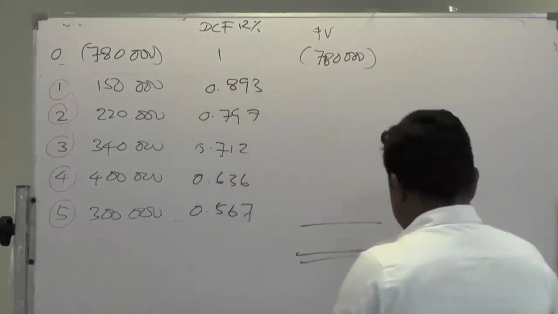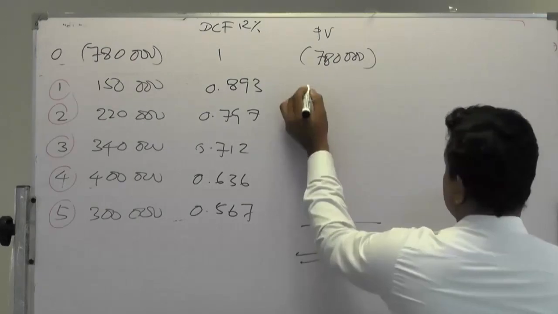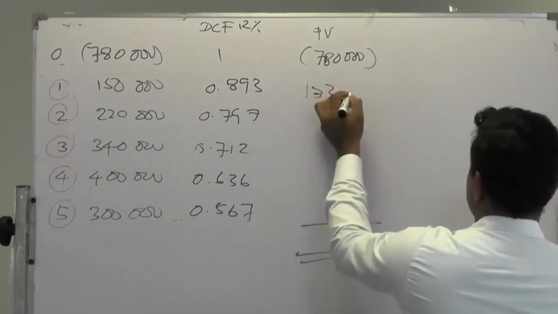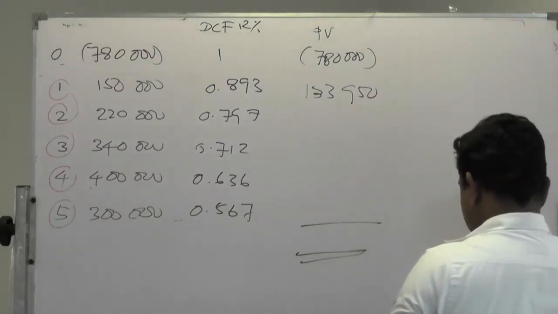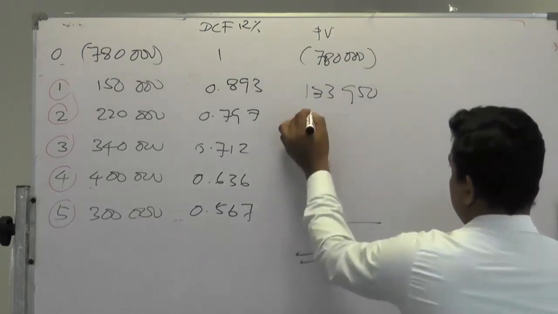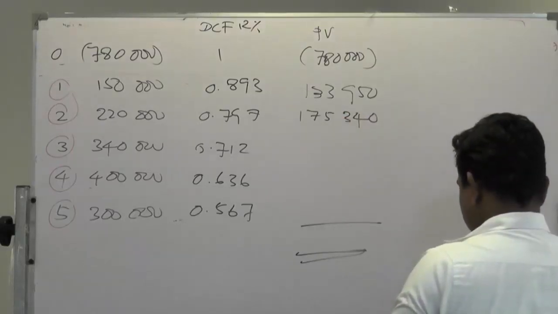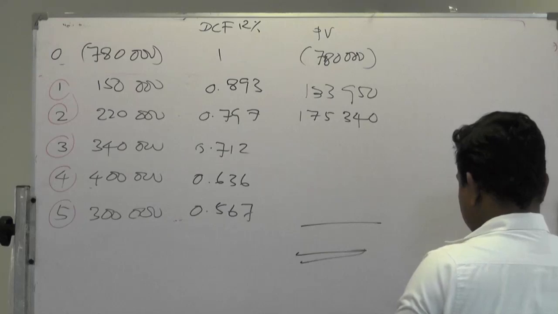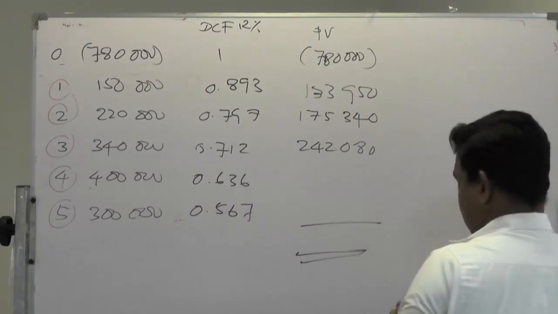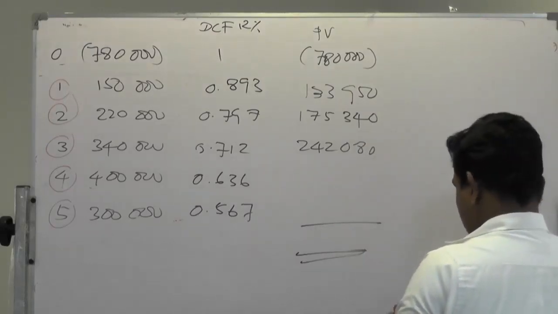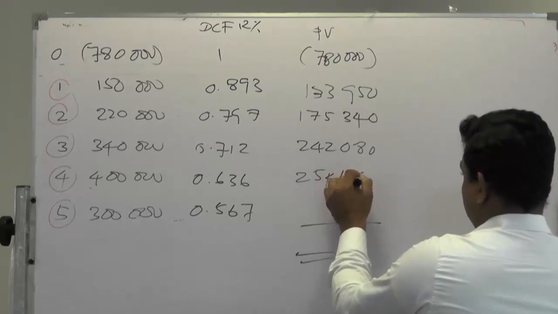We have to calculate the present value here. 0.893 into 150,000 is 133,950. 0.797 into 220,000 is 175,340. 0.712 into 340,000 is 242,080. 0.636 into 400,000 is 254,400.